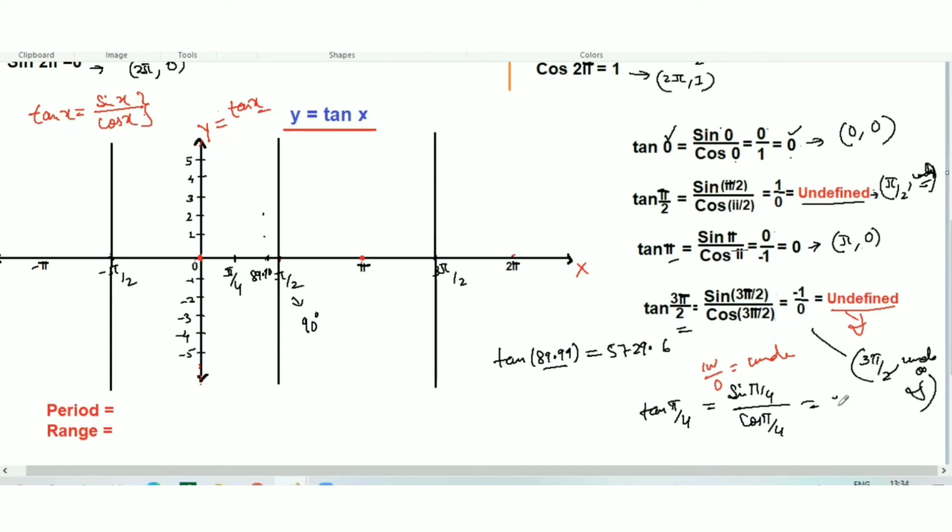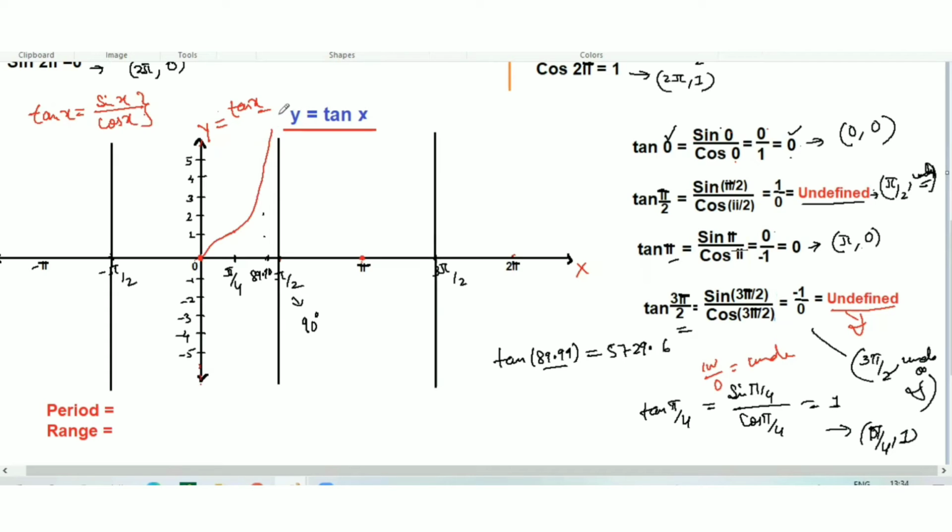You will get 1. So what is the coordinate point? π/4 and 1. So here you will get a value, so your graph will come here. But when we draw till 89.99, it will go here.